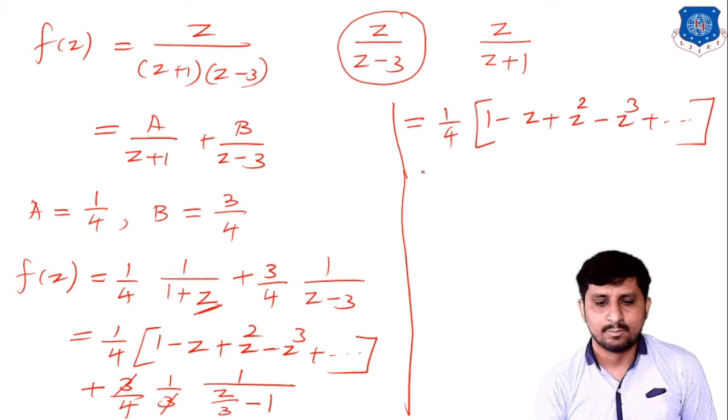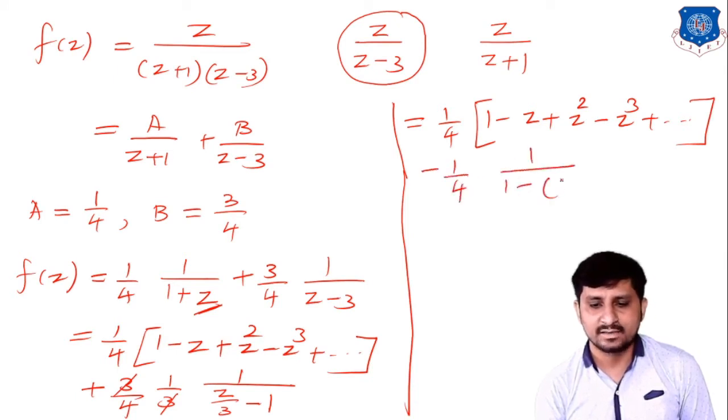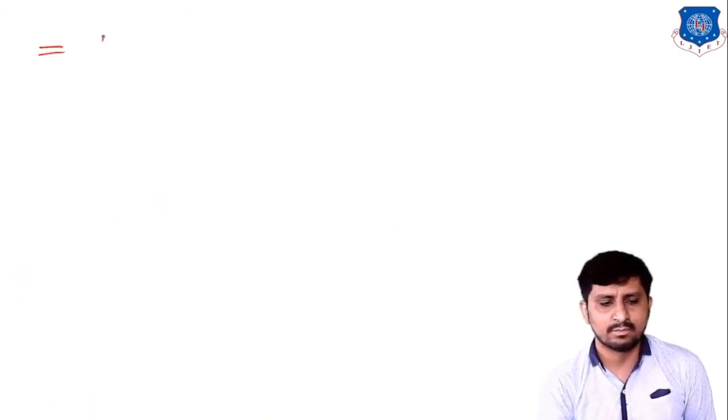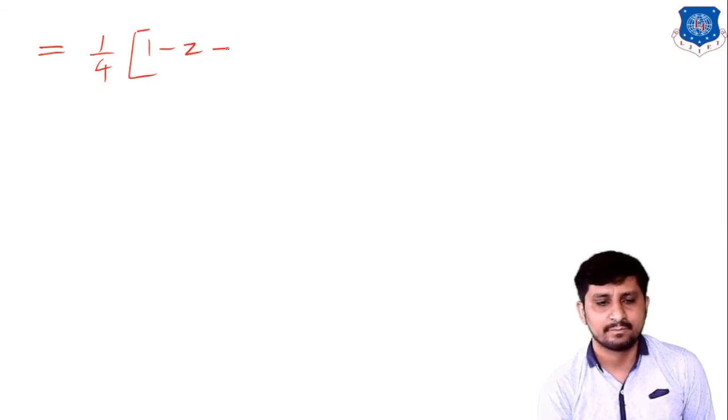And here minus 1 by 4, 1 upon 1 minus z by 3. Now you can write this equal to 1 by 4, the first term as it is, 1 minus z plus z square minus z cube and so on.